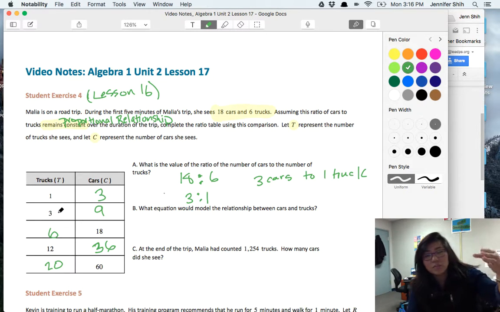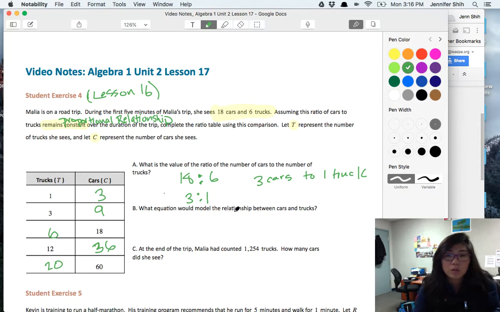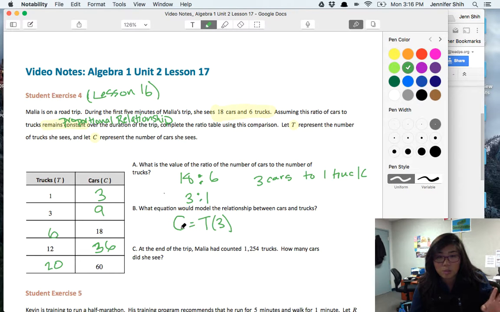This is a little different because before in our class, we had 1, 2, 3, 4, 5, 6, all the way to 20. And now we're jumping around with numbers for our independent variable on this side. We get to choose, and it affects the number of cars. So what equation would model the relationship between cars and trucks? To find out the number of cars, we take the number of trucks and multiply it by 3.